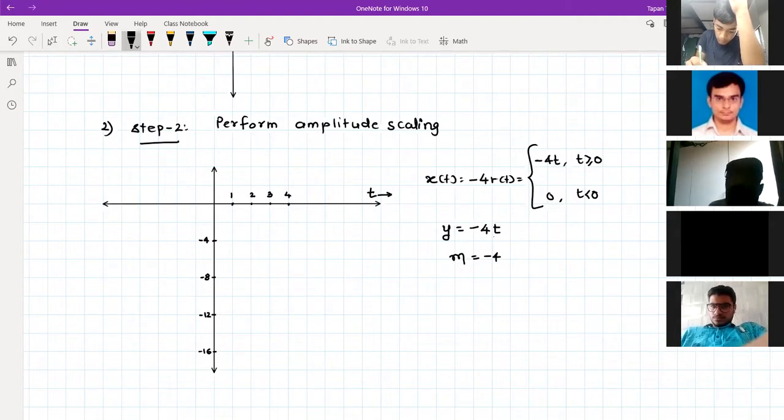So then these should be the intersection points. Understand?